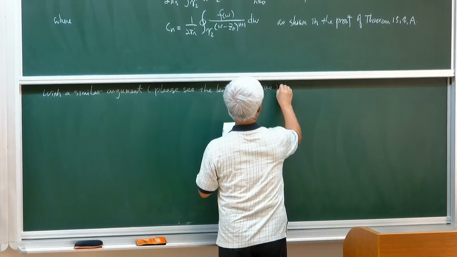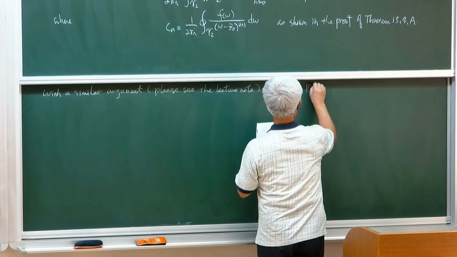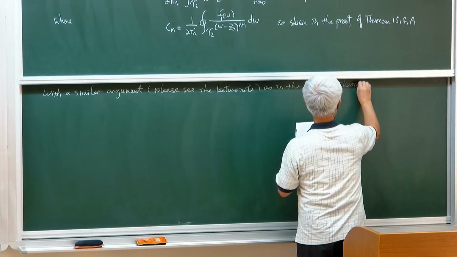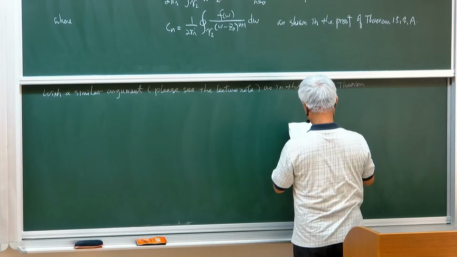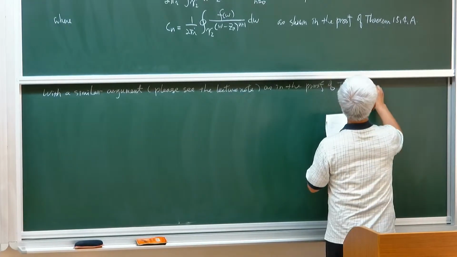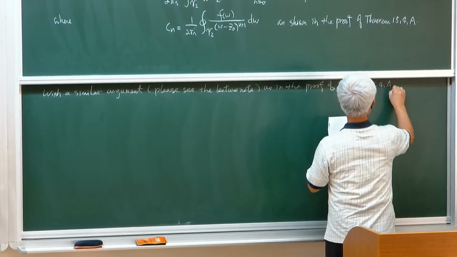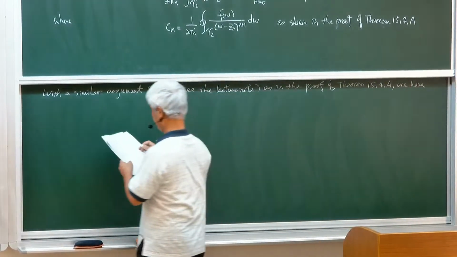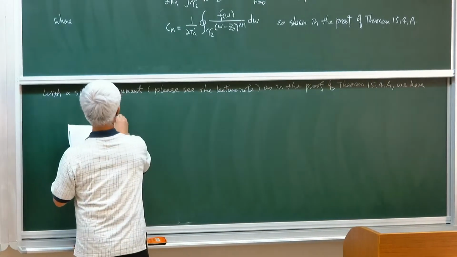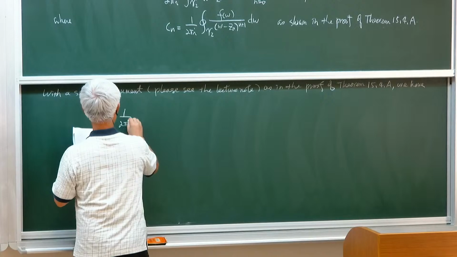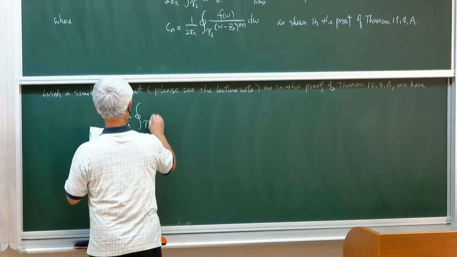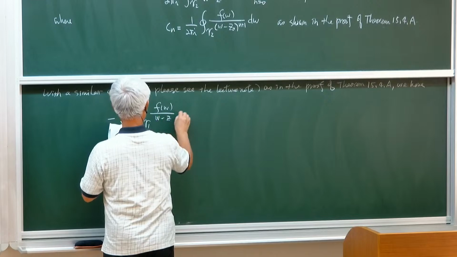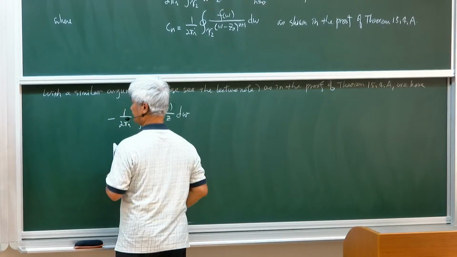As in the proof of theorem 15.4.8, we have here minus 2 pi i, the integral over gamma 1 of f(w) over z minus w, dw.